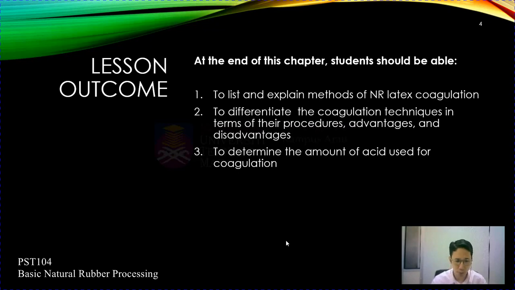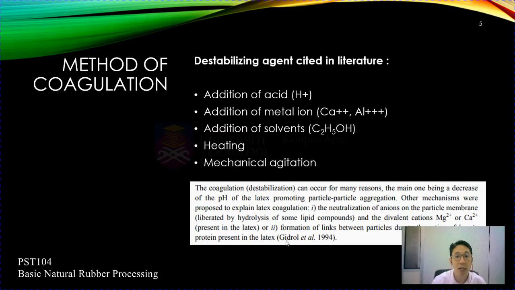As we know, you need different amounts of acid depending on your DRC content, and also depending on the pH of your preserved latex itself. So it is strongly dependent on the anticoagulants that you use for preservation. If you have used ammonia, you will probably use more acid for the coagulation process.